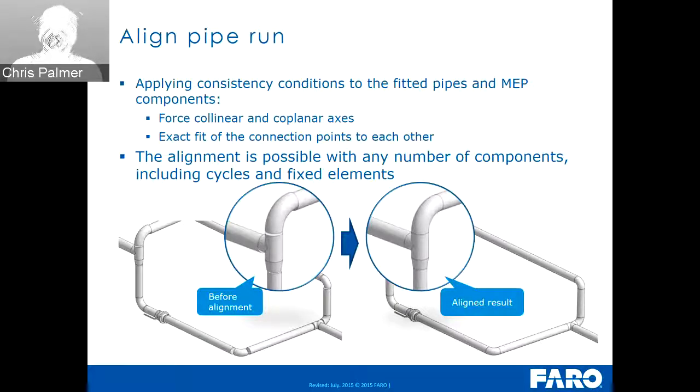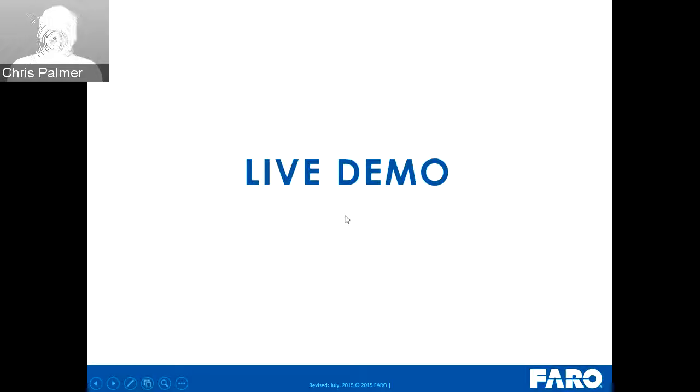We can run that as a tool at the very end. This is for anybody who uses PointSense for Revit. This is a very similar breakdown of the process that we use with the Align Walls command in PointSense for Revit. Okay, so if that's okay for everybody, I'll just drop out now into some live demo.